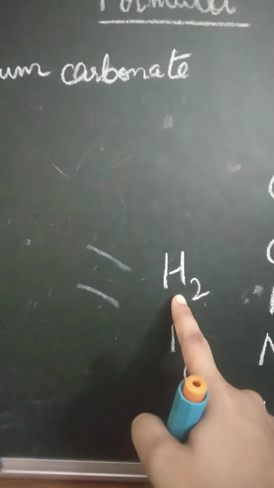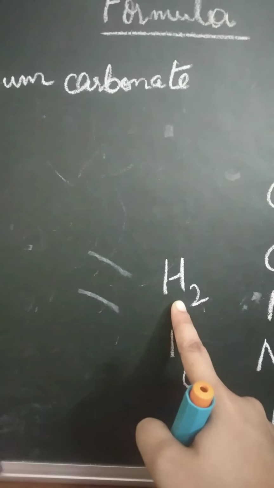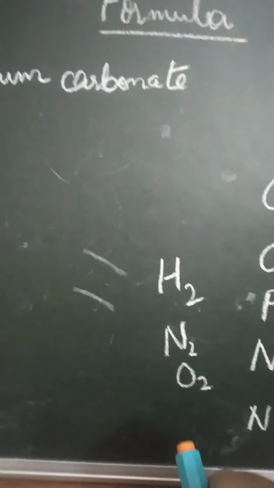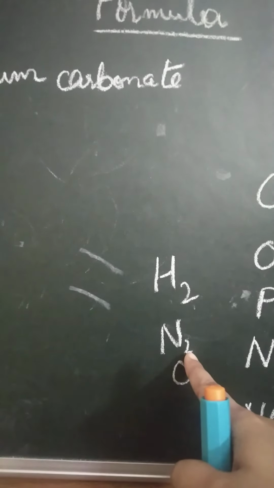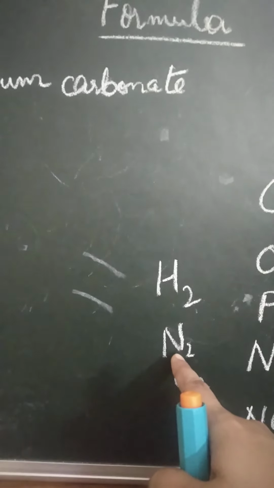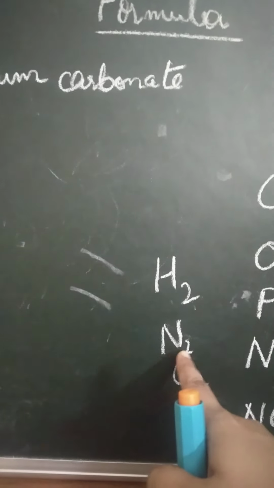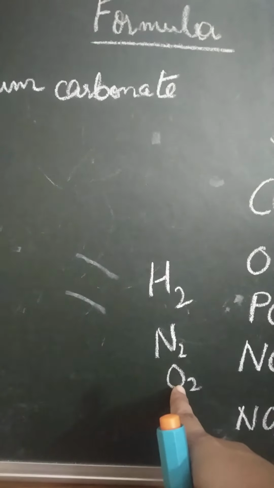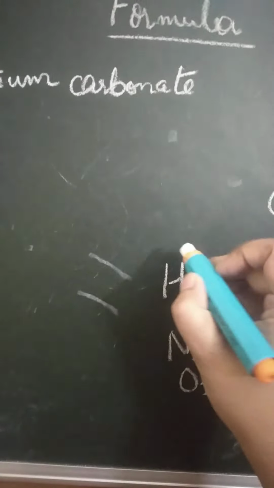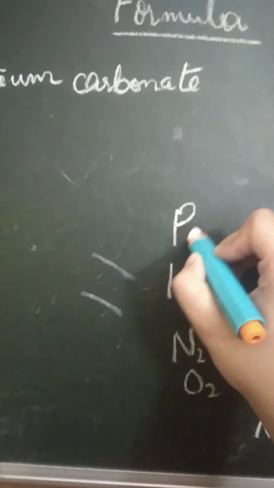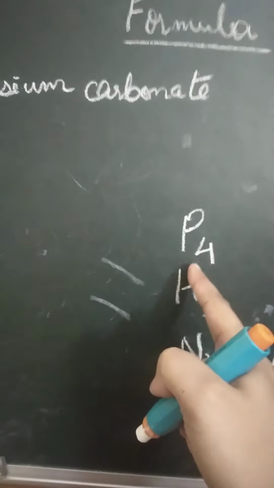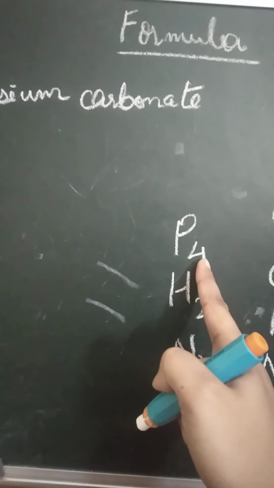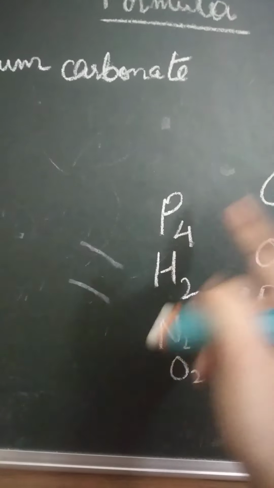Because two atoms of hydrogen combine to form one molecule of hydrogen. Similarly, here two atoms of nitrogen are combining to form one molecule of nitrogen. Two atoms of oxygen are combining to form one molecule of oxygen. If I say phosphorus, to form one molecule of phosphorus, 4 atoms of phosphorus combine.